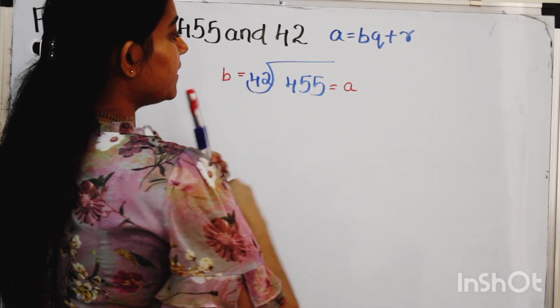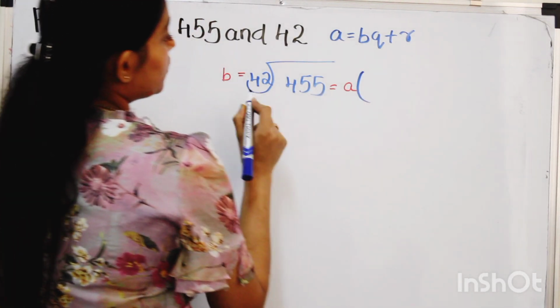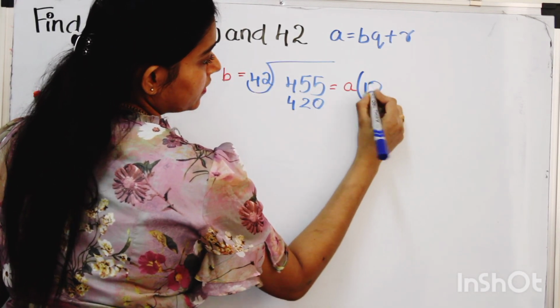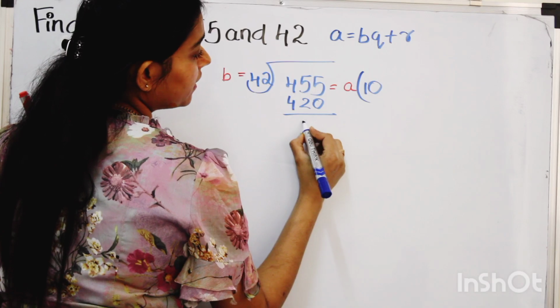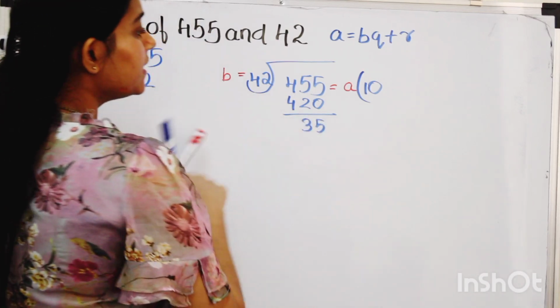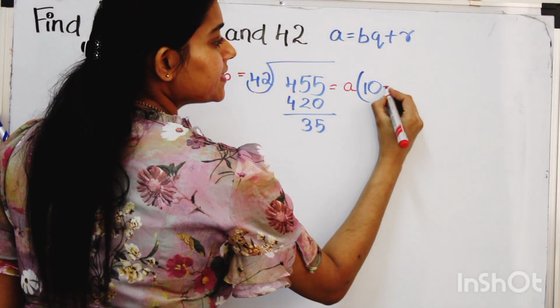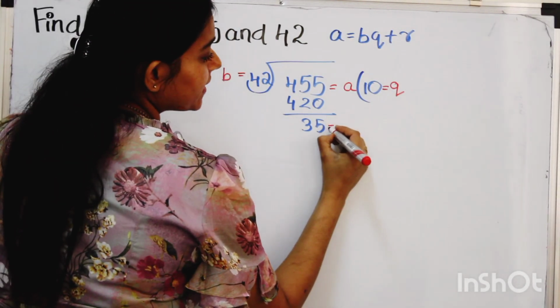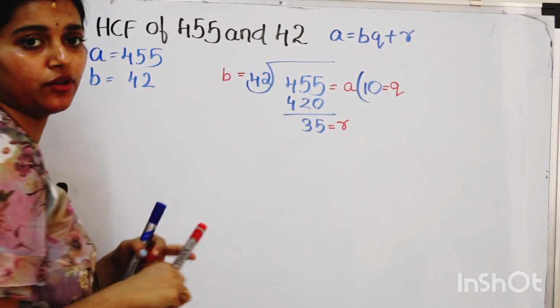While you divide this, 42 tens are 420. So what is the remainder here? 35 is the remainder. So 10 is the quotient and 35 is the remainder you got.